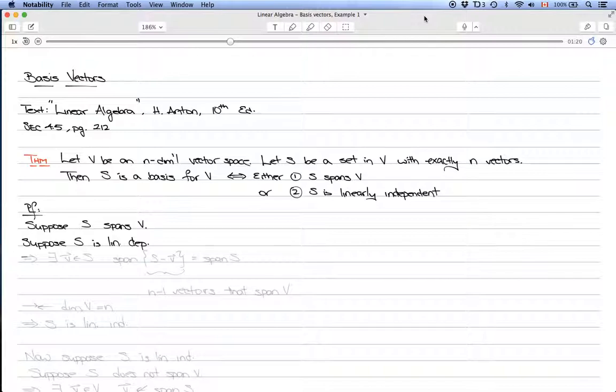Well, this means then there exists some vector in S such that when we remove this vector from S, the remaining set still spans V. That is, the span of S minus v equals the span of S. So now we have a set of n minus 1 vectors that span V.